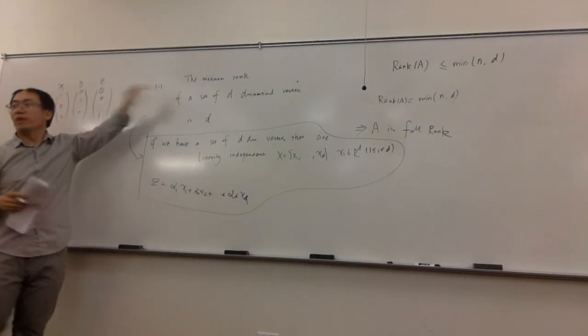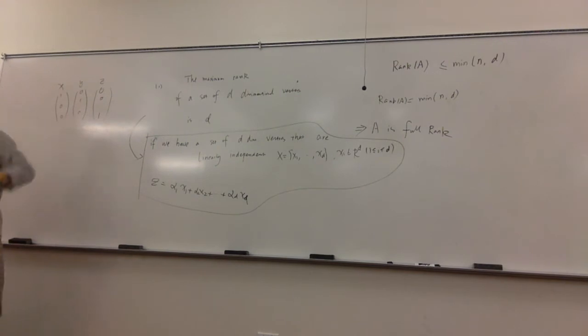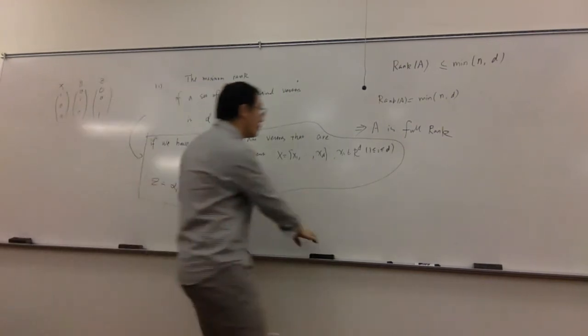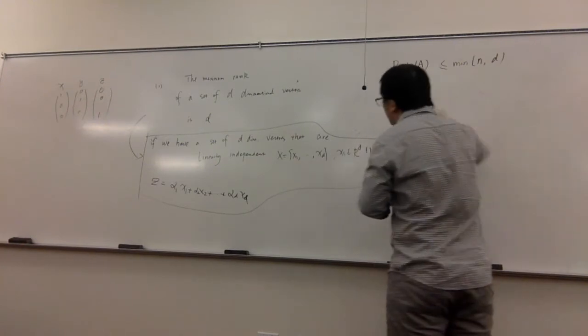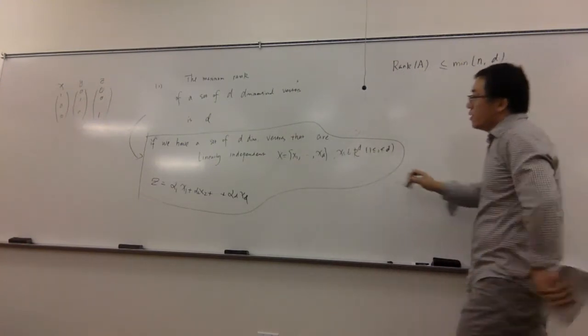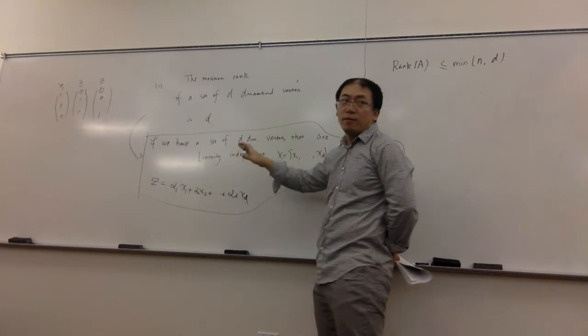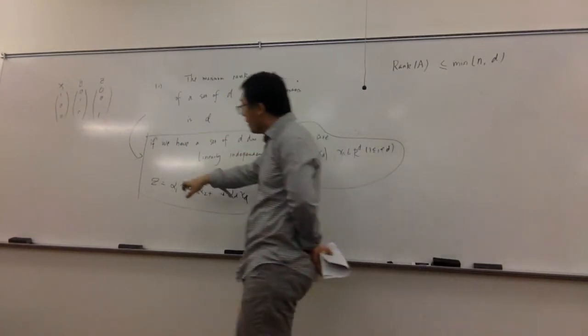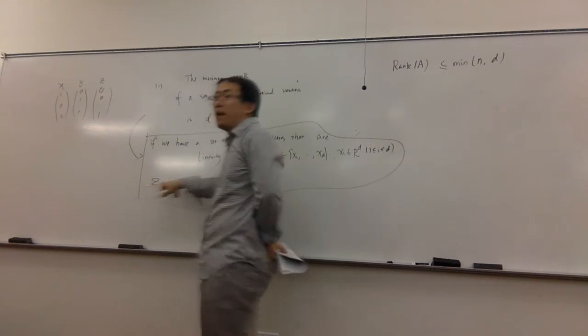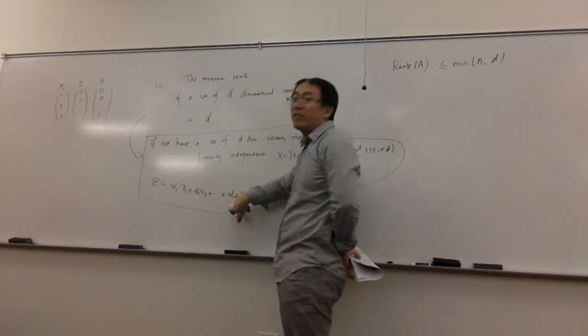So here, just to give a simple proof. We can assume that z cannot be expressed by x1 to xd.